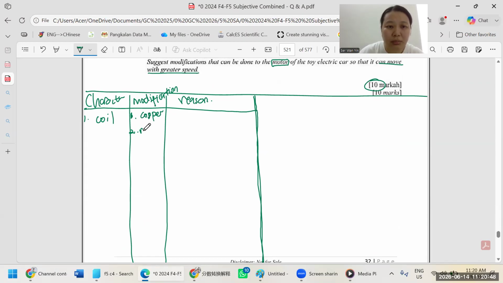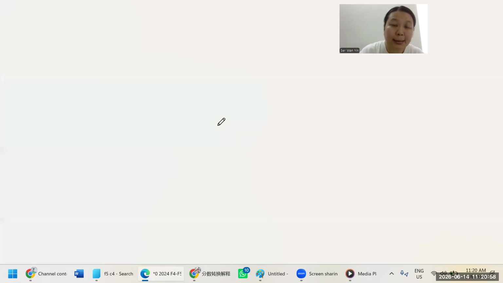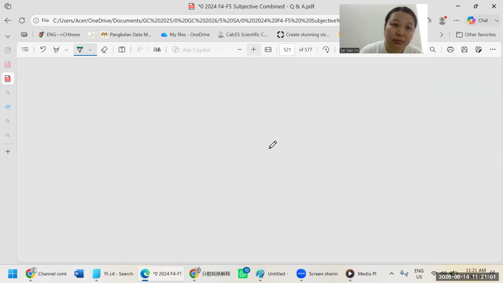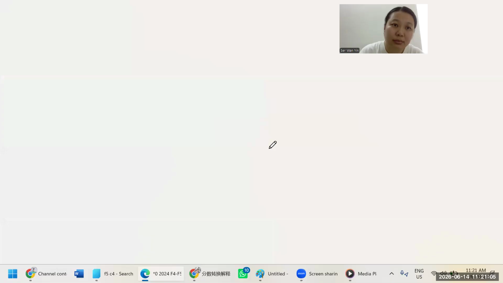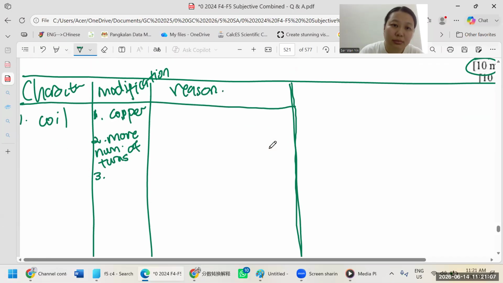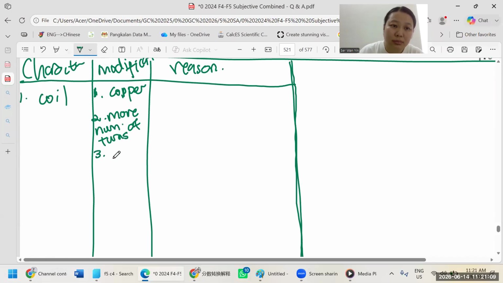Number two, more numbers of turns. Number three, more foil.